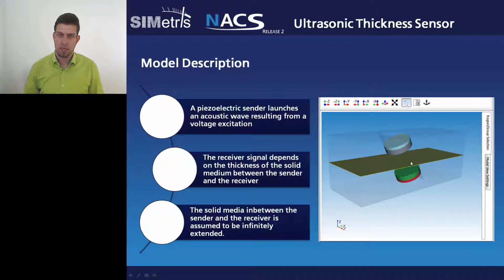This is depicted right here, and then we have an ultrasonic piezoelectric sender here on top that will launch an acoustic wave through an adaptation layer, and the air here in between the adaptation layer and the paper. Then the paper will start to vibrate, and an acoustic wave is launched on the other side as well, and that will be recorded by a receiving piezoelectric transducer.